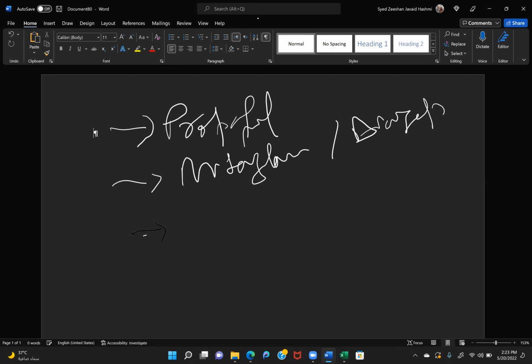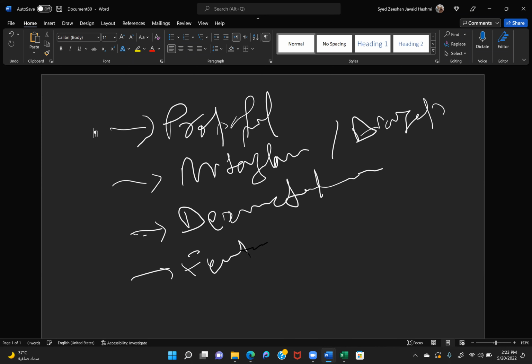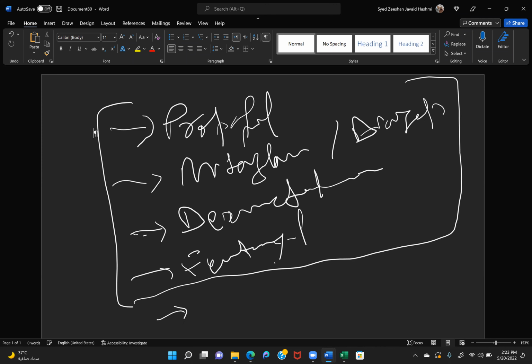Okay. Then dexmedetomidine, opioids like fentanyl. Okay. And there are some novel things which people are using, like ketamine infusion.